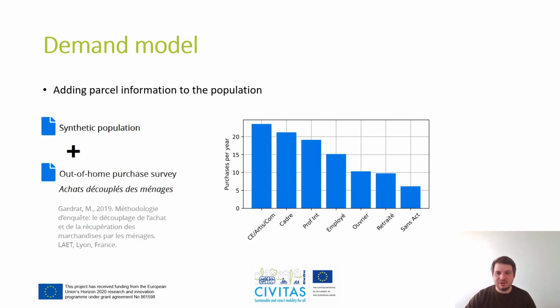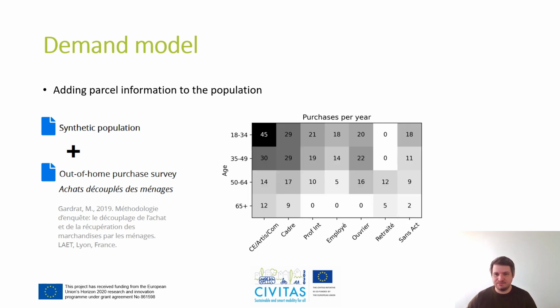As the next step in our demand data pipeline, we can make use of survey data, which looks at the purchasing behavior of the population. So for instance, what we see here is the average number of purchases per year by social professional category. So meaning if some household has members who are employees, workers, or retired people.